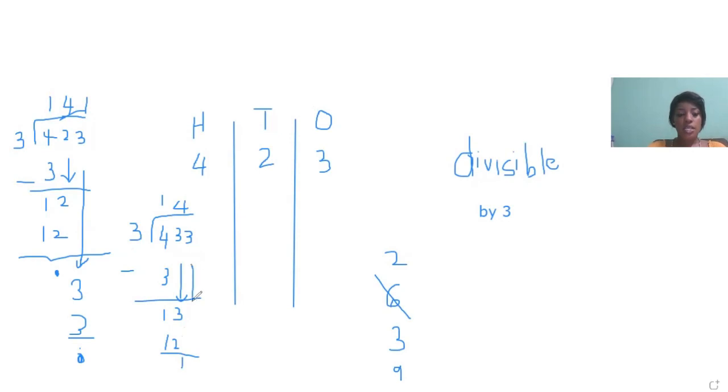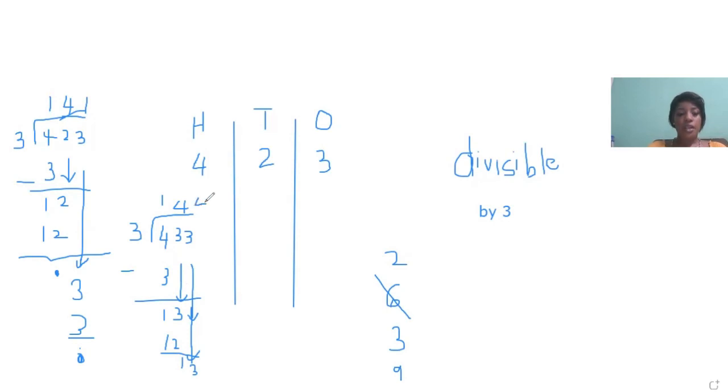I can already see that this is not the answer. But let me bring it all the way down. Three into 13 does not divide, it's not divisible completely. So this is not the answer.